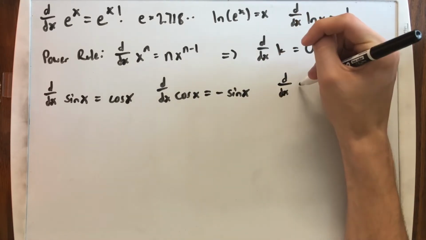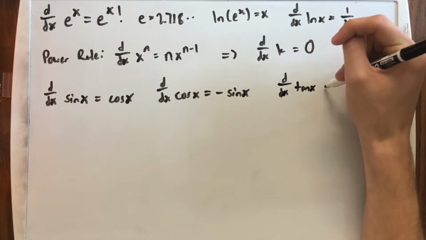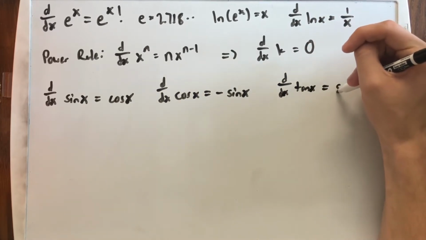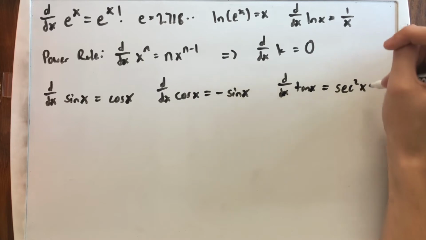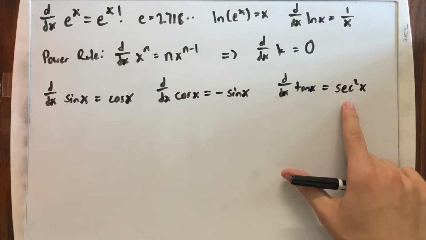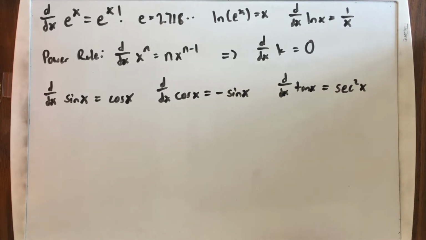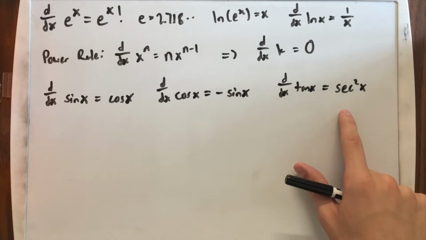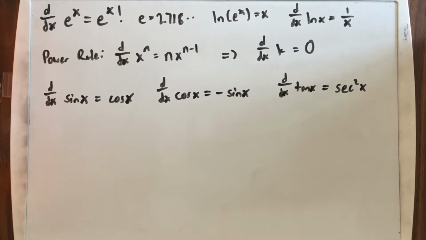And then the derivative of tangent of x is equal to secant squared of x, which could also be written as 1 divided by cosine squared. That you can prove with the quotient rule, which we will go over in the next derivative video.